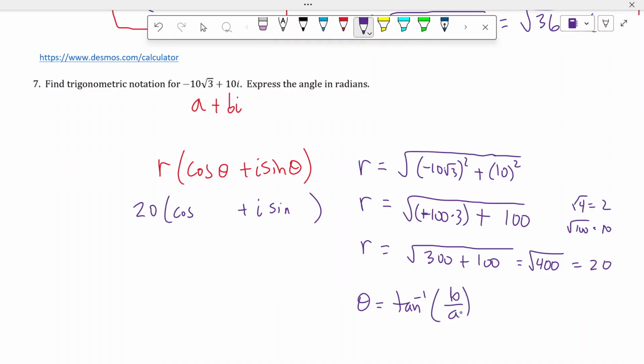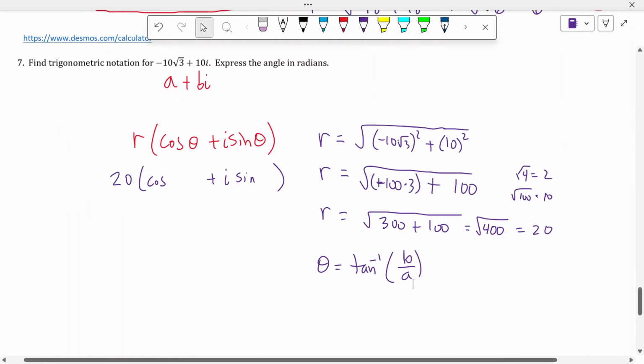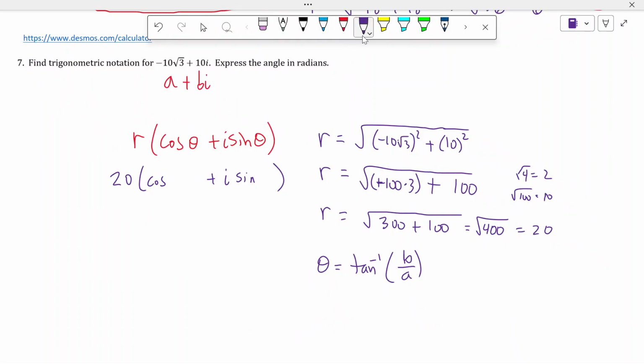So if we plug in the numbers, it's the tangent inverse of b, which is 10, over a, which is negative 10 root 3. Remember, b is the imaginary part, and a is the real part.